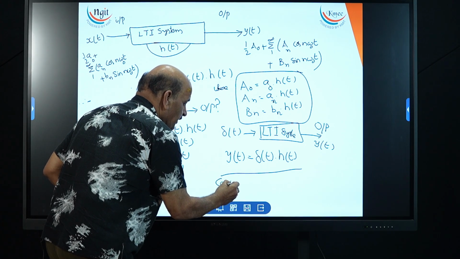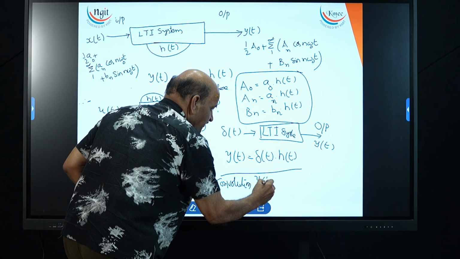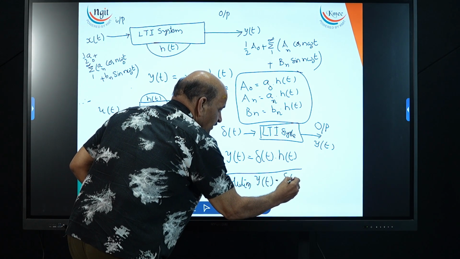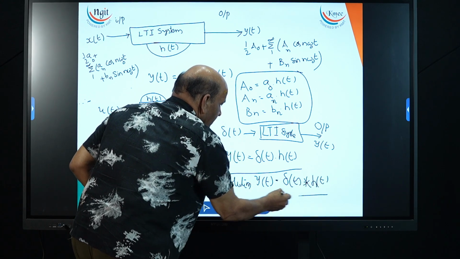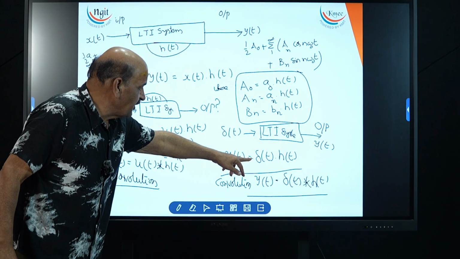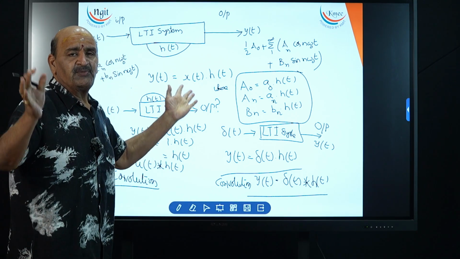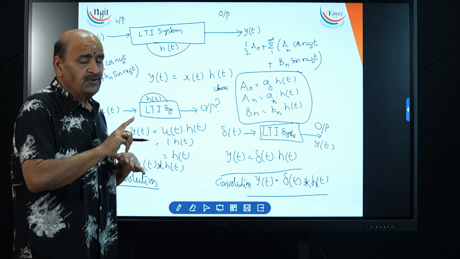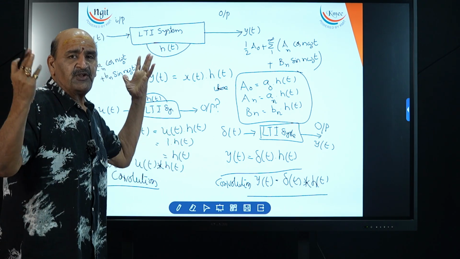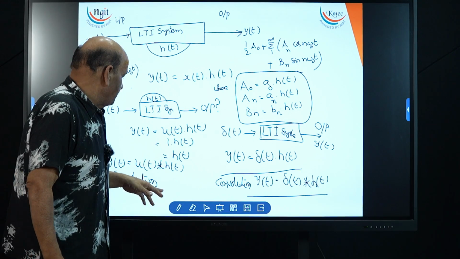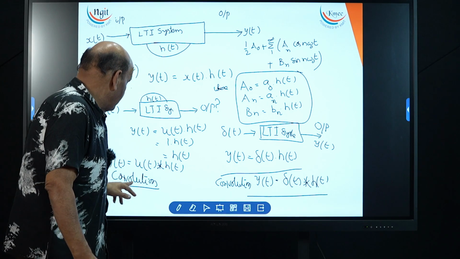Here, if we apply the concept of convolution to this LTI system, y of t is equal to delta of t star h of t. Whenever you apply delta of t, at a particular point the system provides maximum response, only at that particular point, not throughout the system. Whenever you use the star, it is for convolution.